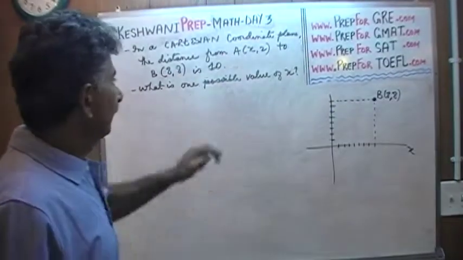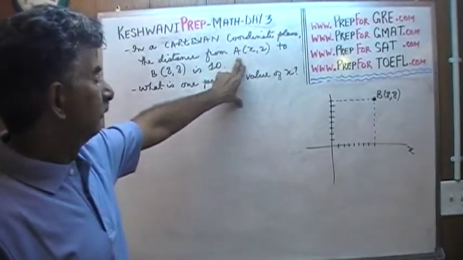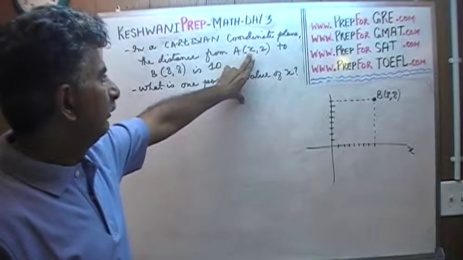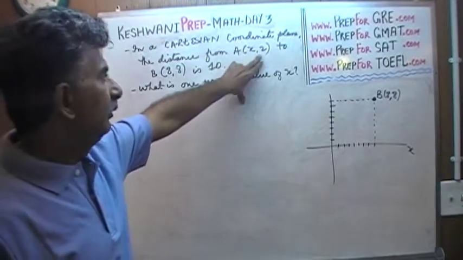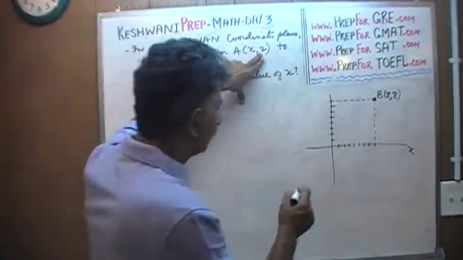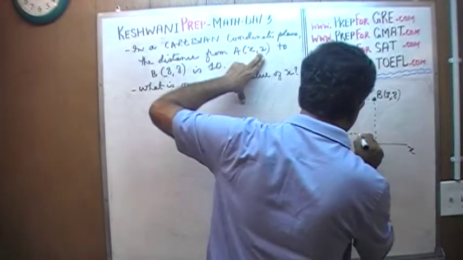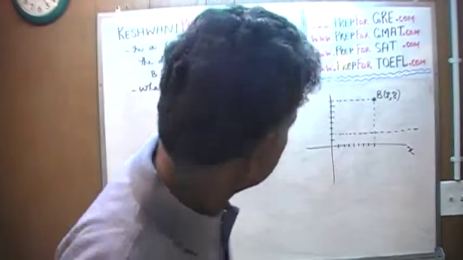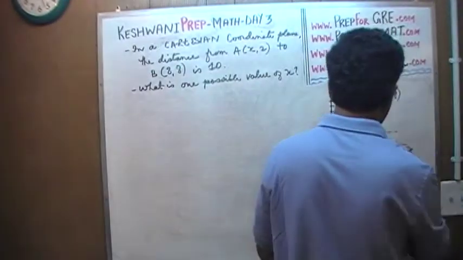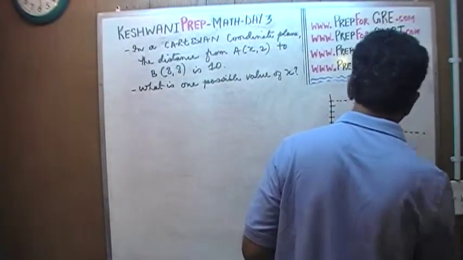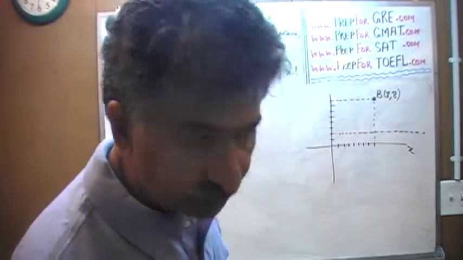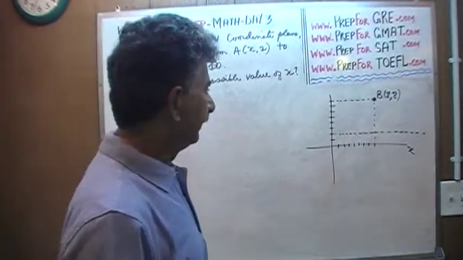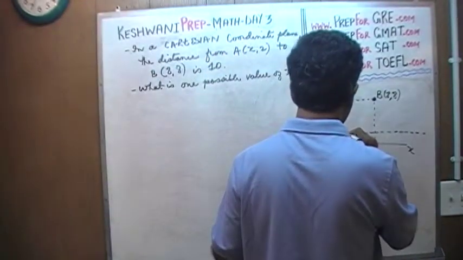The problem is the point A, where we do not know the x coordinate of A. We know the y coordinate is 2, which means that it goes up to 2. The y distance is 2. And we also know that the distance from A to B is 10.